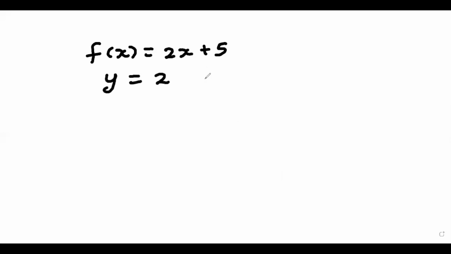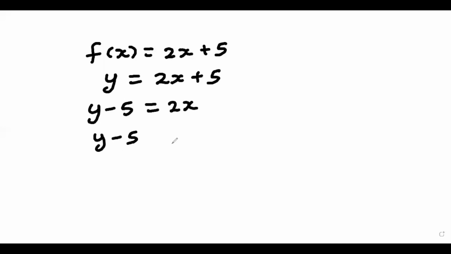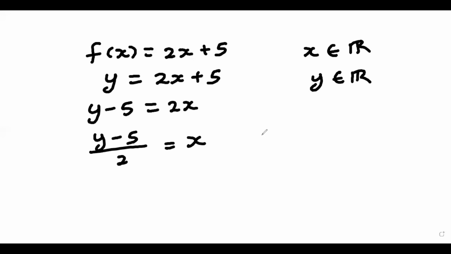So now we're going to test if it is surjective. We have f of x is equal to 2x plus 5. First thing you want to do, interchange f of x with y. So let y be equal to 2x plus 5. Now you want to make x the subject of this formula. So you have y minus 5 is equal to 2x. That means y minus 5 over 2 is equal to x. Now because it says that x is in real and y is also in real, let's say we want to try when y is equal to 0.